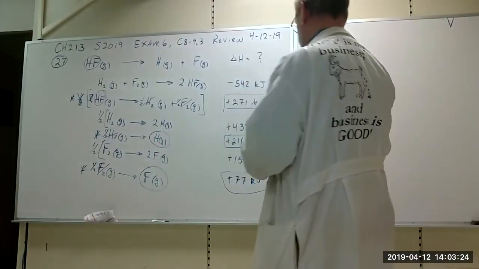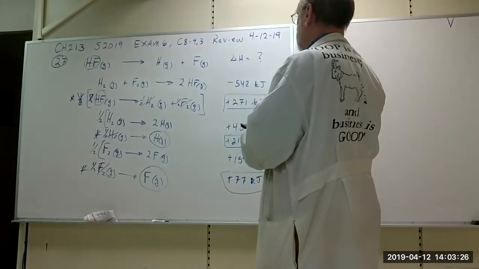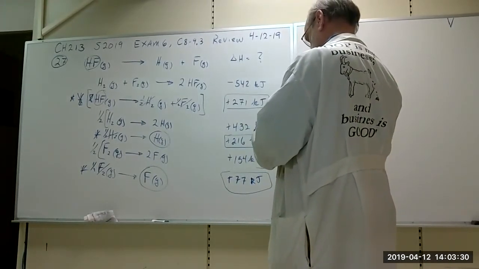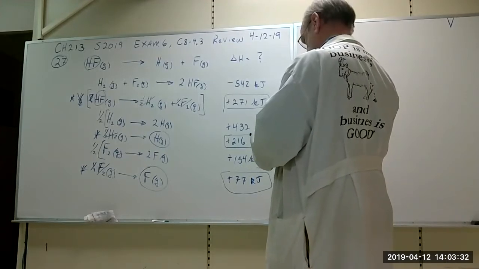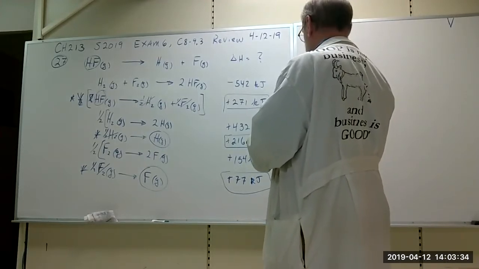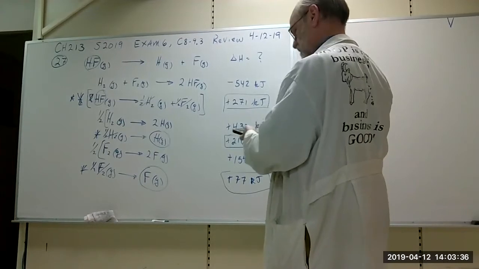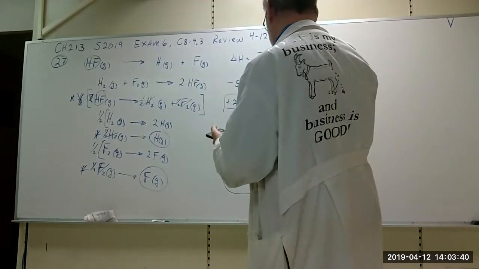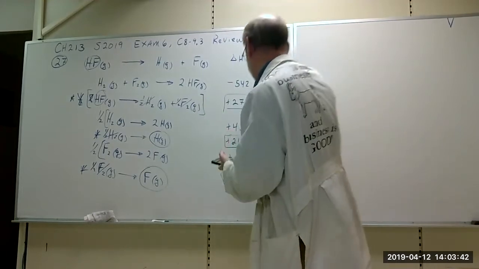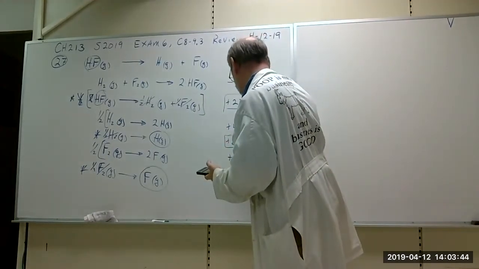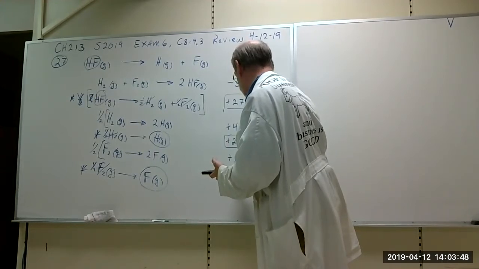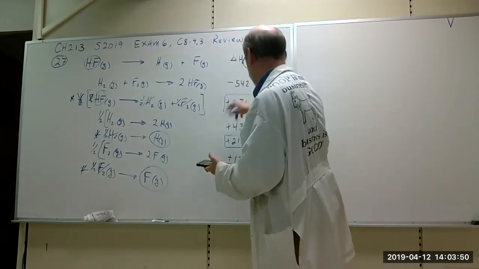So 271, it looks like we're going to be endothermic, and 216. 564? I did it in my head, but yeah, you have to carry the 1.